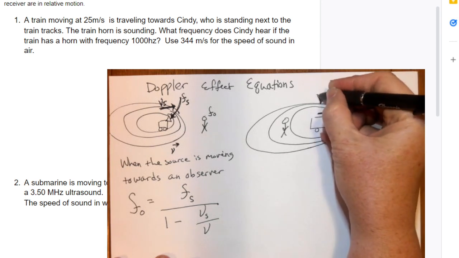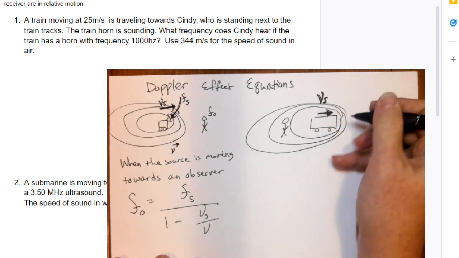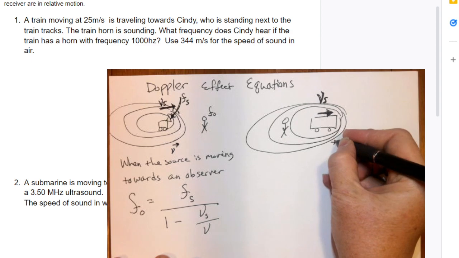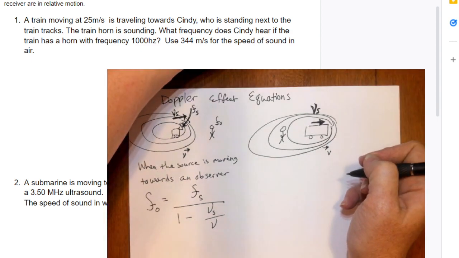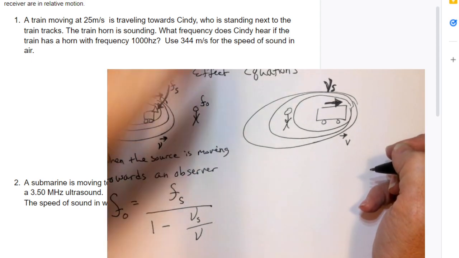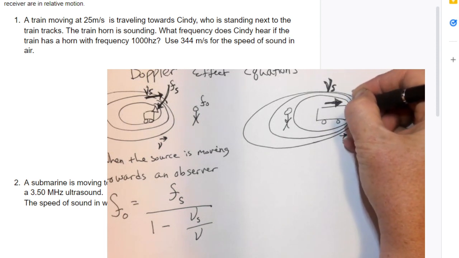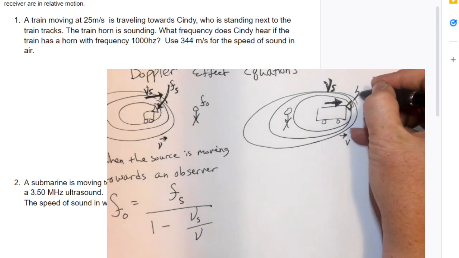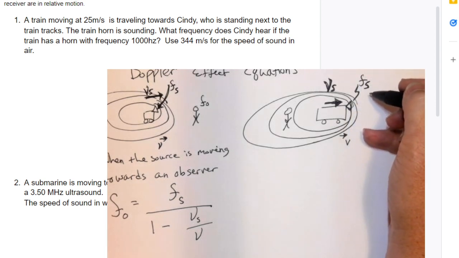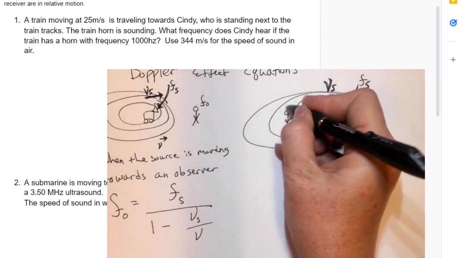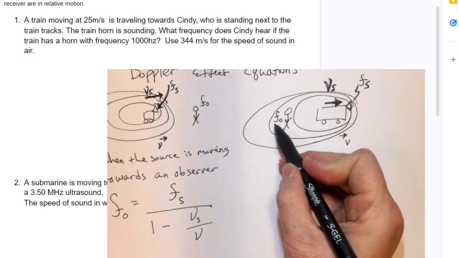So there's velocity of the moving source, which is Vs. There is the speed of the sound wave, which is V. And there's the frequency emitted by the siren here. I forgot to draw the siren. That's the F subscript S, the frequency emitted by the source of the sound. And then there is the frequency observed by the observer, which is F subscript O.